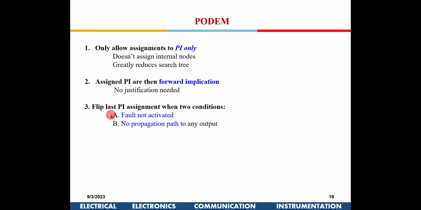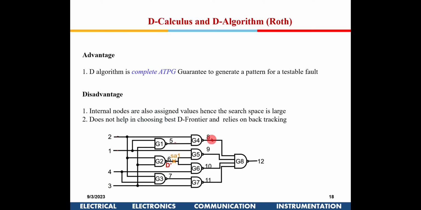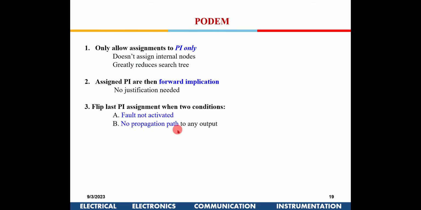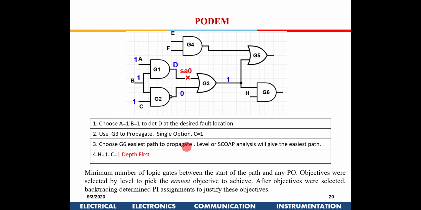Then you might have to come back again to the very first stage where you assigned the primary inputs. So although it is much faster, there could be some situations where this could get stuck. Unlike the previous case, where an intermediate result is used, here we go back to the primary input. We'll see examples, then it will be clear.